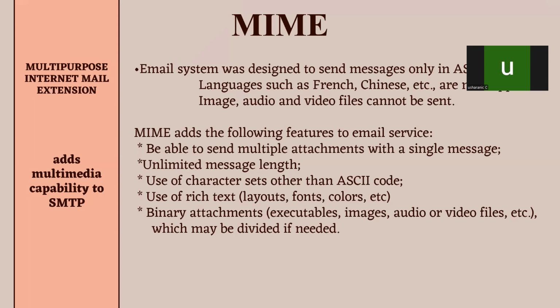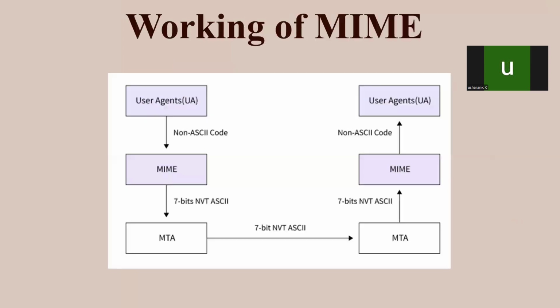The main feature of MIME, as I already said, is that it adds multimedia capability. This is the working principle of MIME. The MIME protocol mainly converts non-ASCII data to 7-bit NVT, that is Network Virtual Terminal ASCII, and vice versa. Suppose one user wants to send an email through the user agent, and it is in a non-ASCII format.